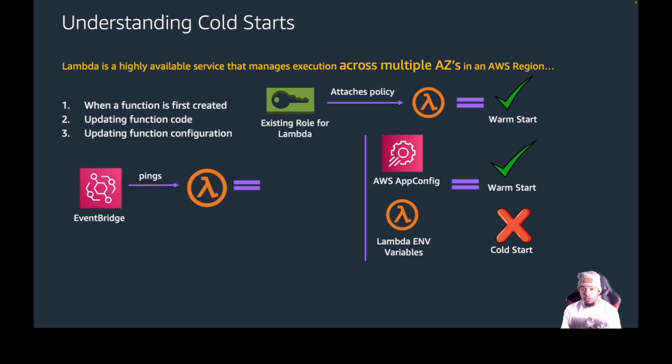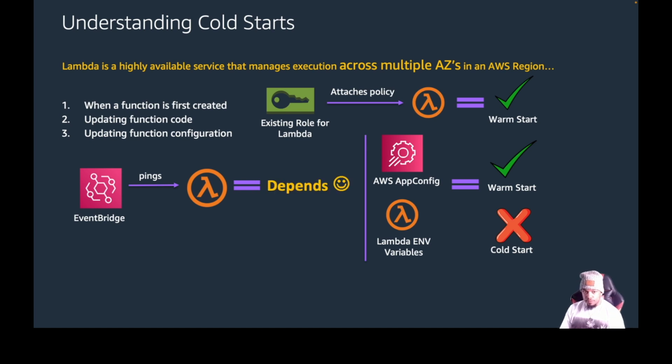So in the open source community, to solve the cold start problem, it's been very common that they will leverage EventBridge. These libraries will leverage EventBridge. And what happens is they'll ping a Lambda function, for example. And ideally, you would think that that would keep a function warm because it would have steady traffic. And so the Lambda service would not shut down that actual instance of Lambda because it was active. It was taking requests.